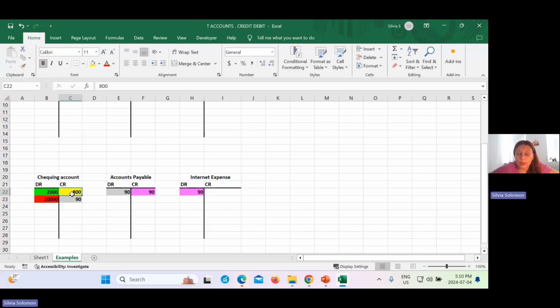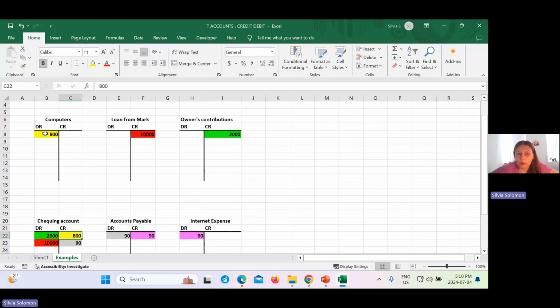We credited 800 because we took the money from the checking account. So in this case, debit equals credit. We put 800 in the laptops, we took 800, so it's 0.